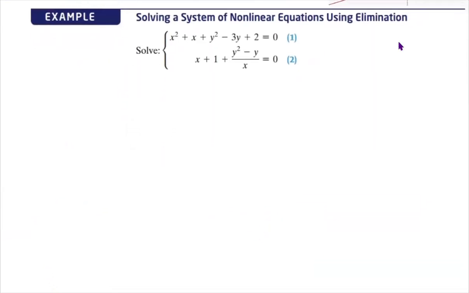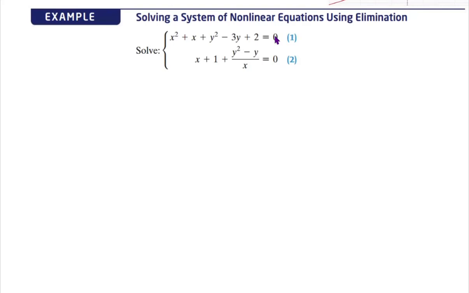All right, so next problem here. In this next problem, you're gonna do the same, but this is quite complicated to graph, right? But what you can do is go ahead and solve it using algebra, and then find the solutions and check them to make sure that you have all the solutions necessary.